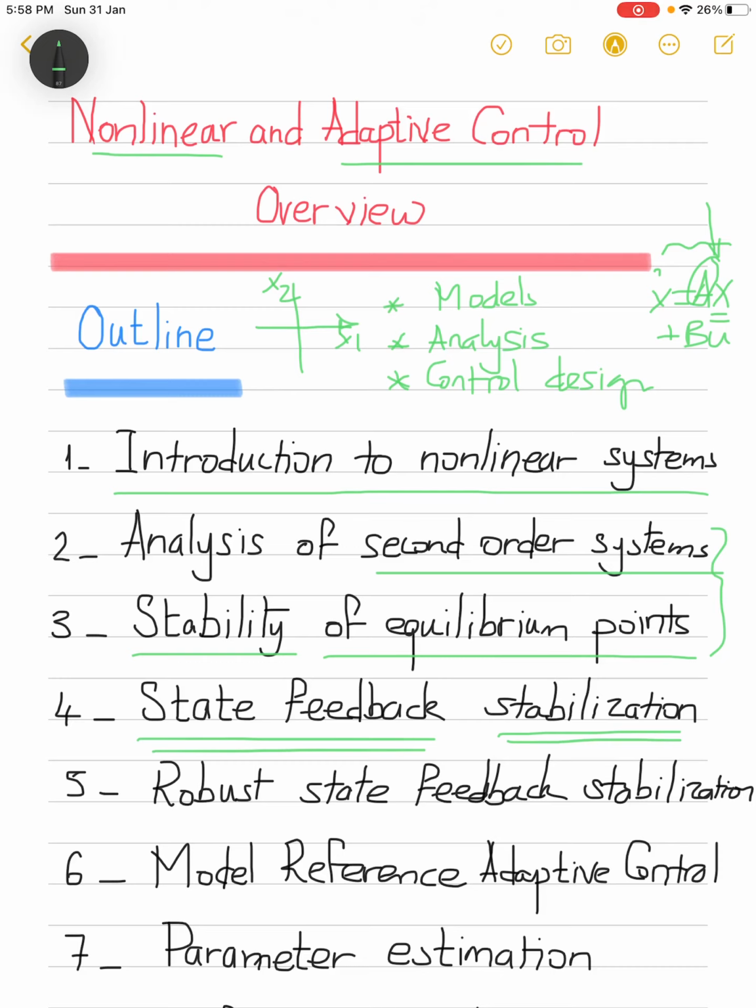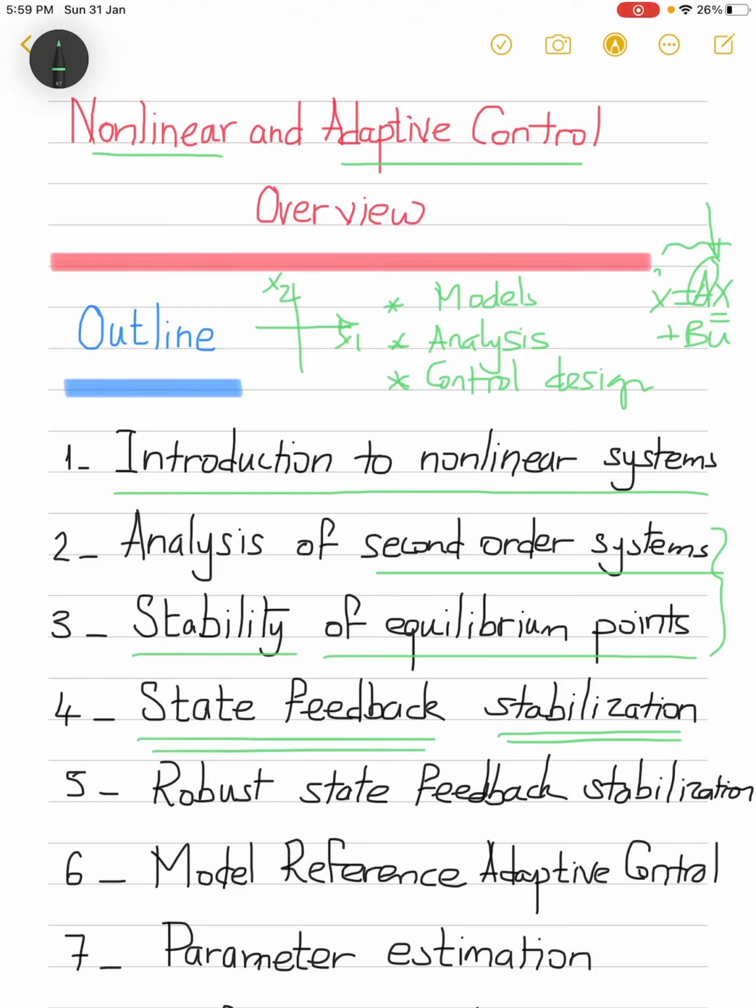And of course, we know that models contain uncertainty, and the uncertainty could be classified either as an uncertainty in the parameters, like we don't know a certain parameter value for sure, or in modeling, which means that for simplicity we try to use low order models to represent systems and base the design on that low order model, so we ignore some of the dynamics.